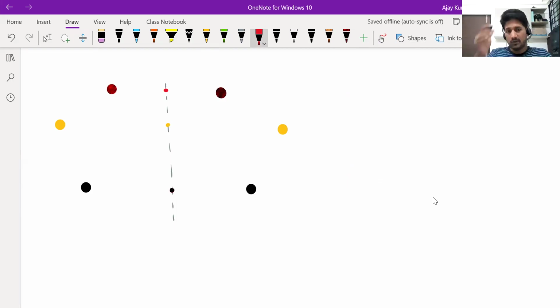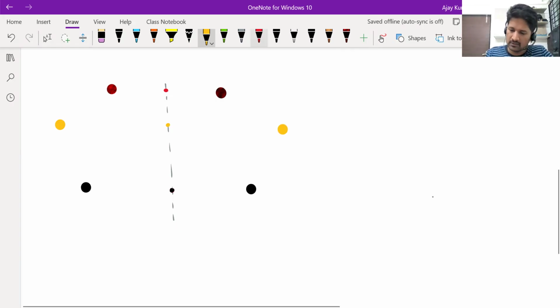Now you consider all 6 particles as one system. For the red dots, the small red dot on that line is the center of mass. For the yellow particles, the small yellow dot is the center of mass. For the black particles, the small black dot is the center of mass. Now you can treat these 6 particles as a combination of 3 systems.